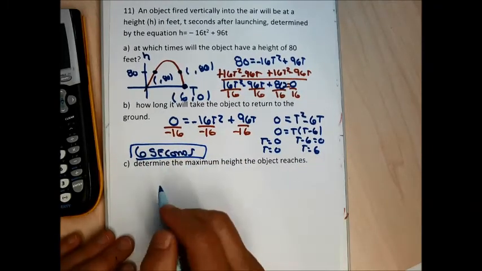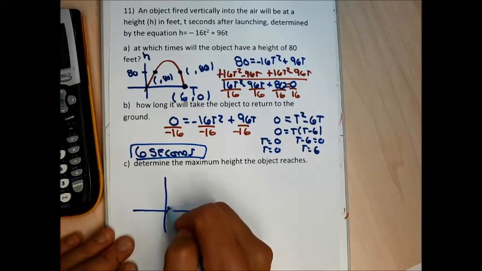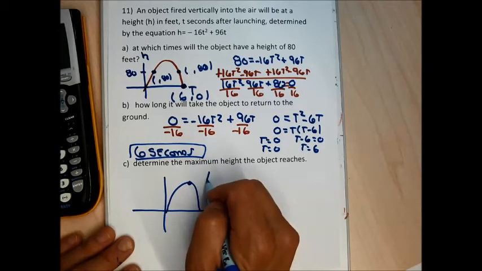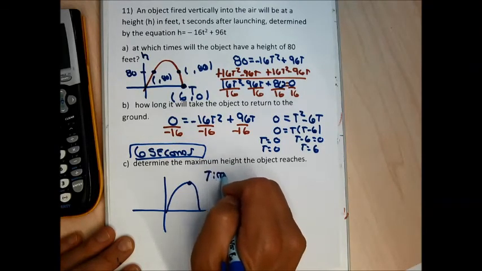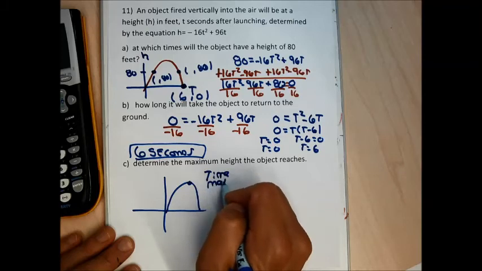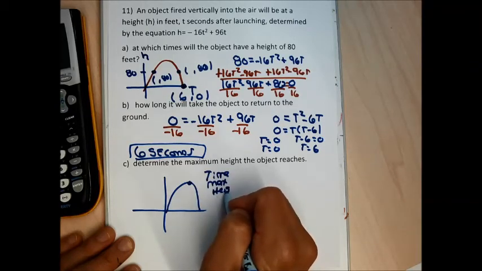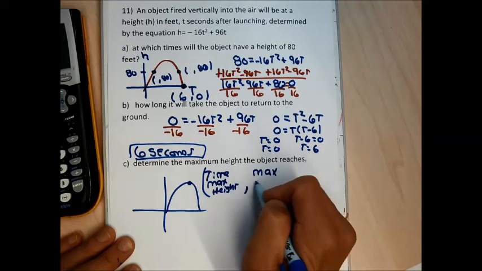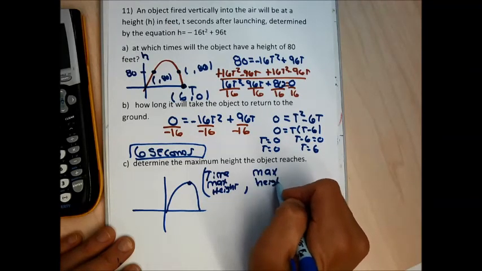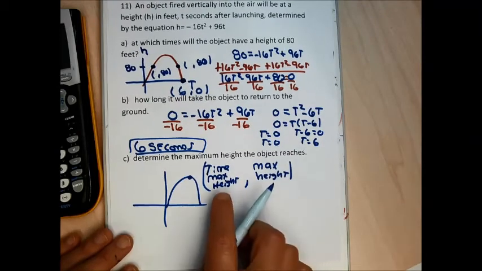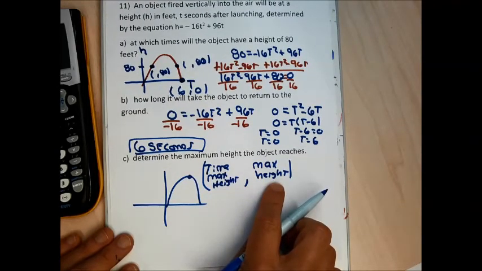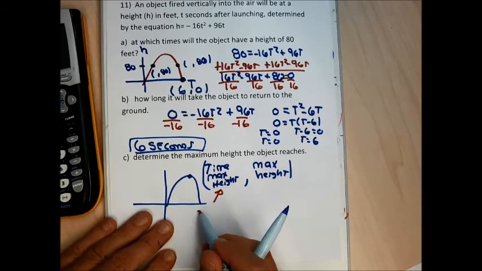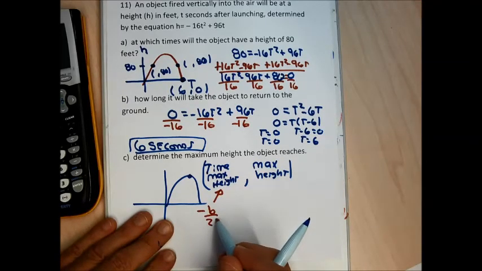To determine the maximum height, it occurs at the y-coordinate of the vertex. For the vertex, the x-coordinate is the time for the maximum height, and the y-coordinate is the actual maximum height. So I need to find the x-coordinate of the vertex before I can get the y-coordinate of the vertex. The x-coordinate of the vertex I get by using the formula negative b over 2a.